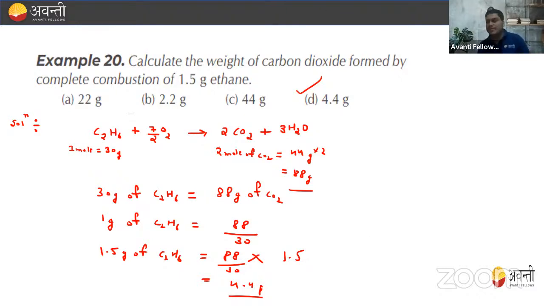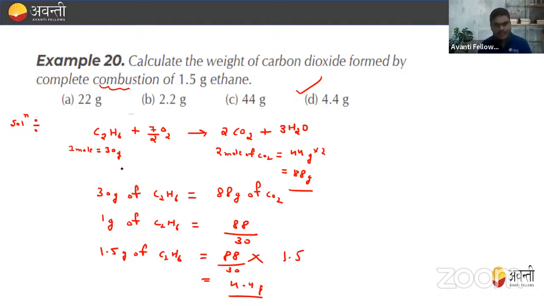How will you calculate the weight of carbon dioxide by using the mole method, formed by the complete combustion of 1.5 gram of ethane? This question is from combustion, so we write the combustion of ethane. Combustion of ethane will give 2 mole of CO2.